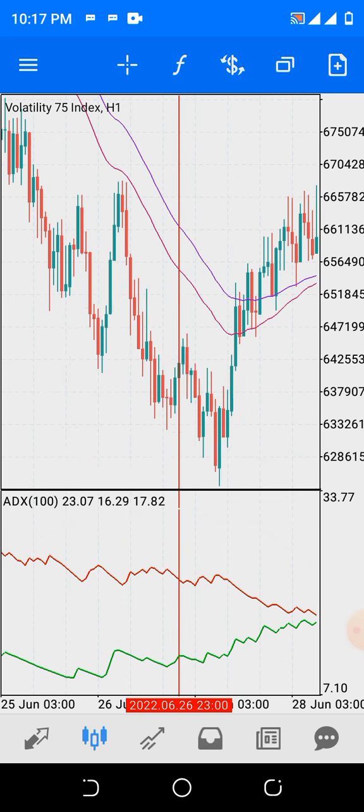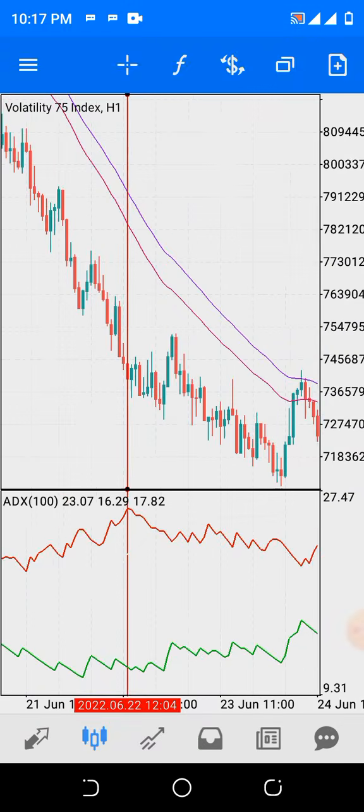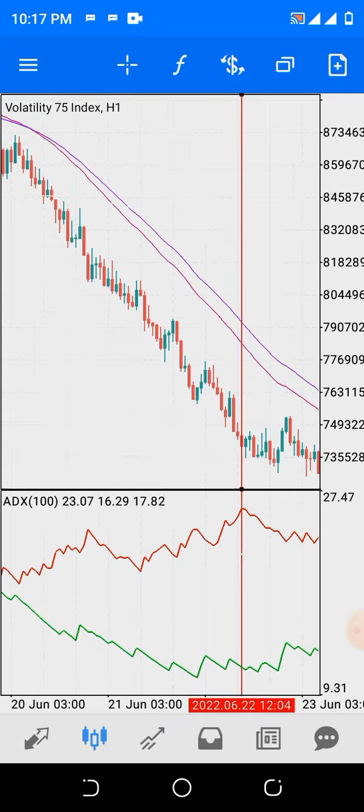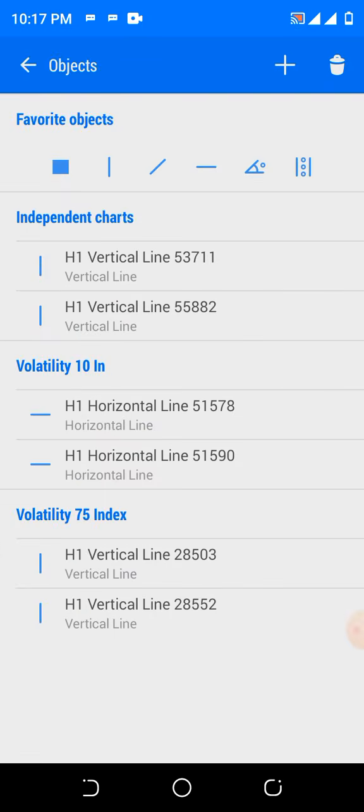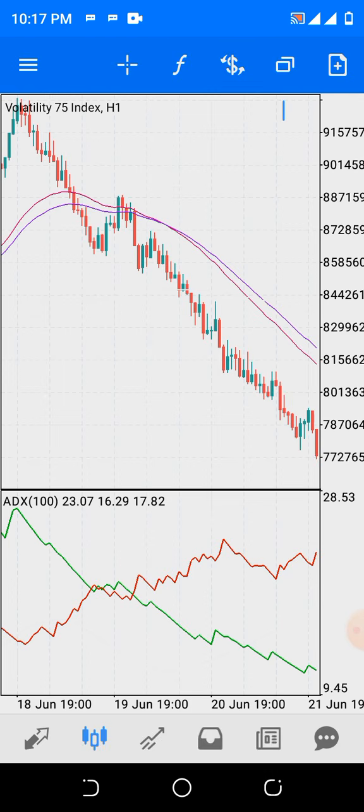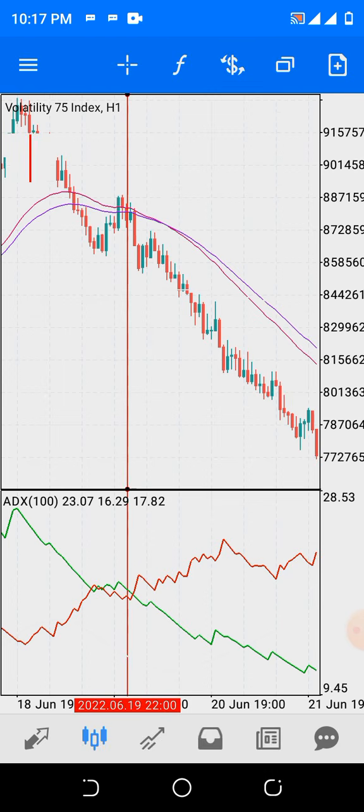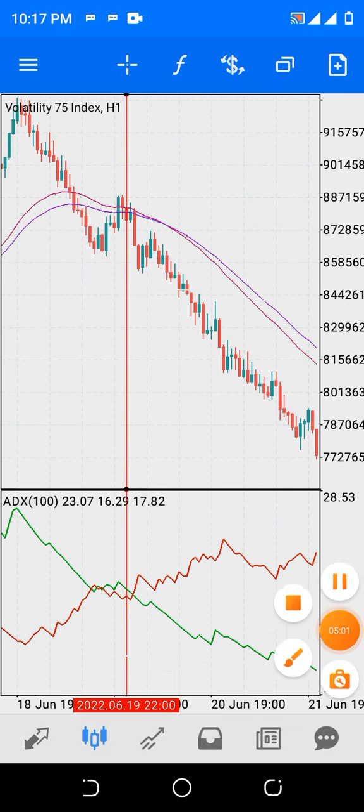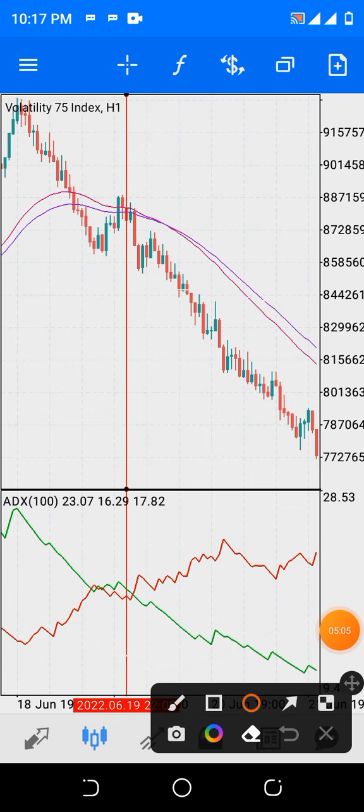Now watch here. Look at it here. You see here, this is a simultaneous crossing. Watch here and watch here. This is a simultaneous crossing.